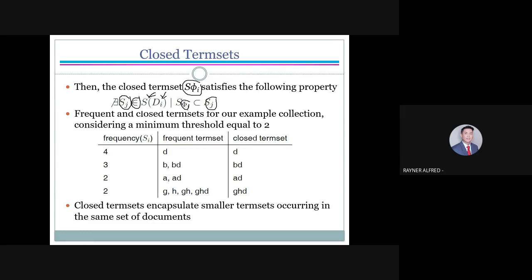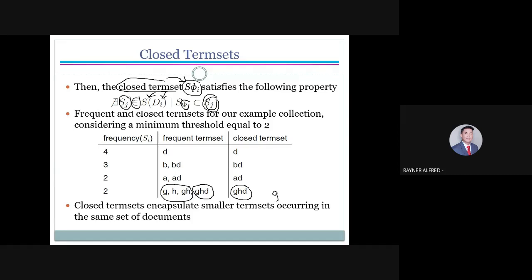So that means this closed term set cannot be a subset of another term set, meaning that a closed term set must always be the biggest one. For example, this one is smaller than this one, so we take this one as your closed term set.